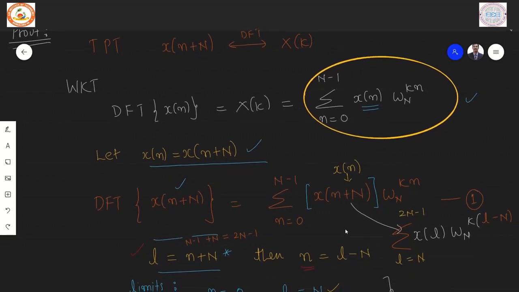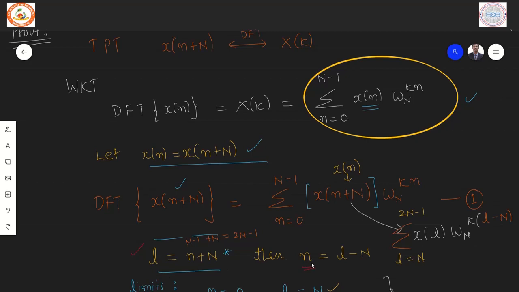To perform the simplification, we could change the value n plus capital N and call it by a different name. Let us say that n plus N is denoted as letter L.